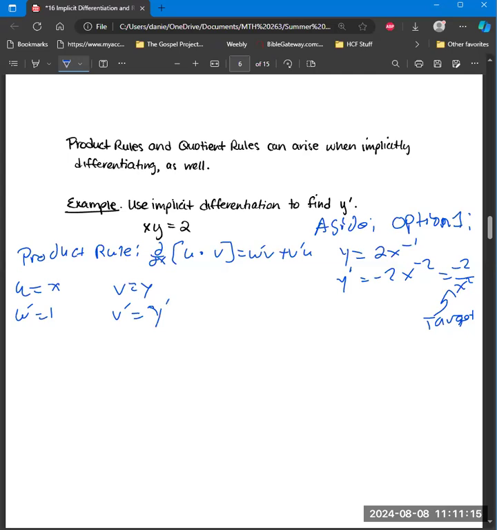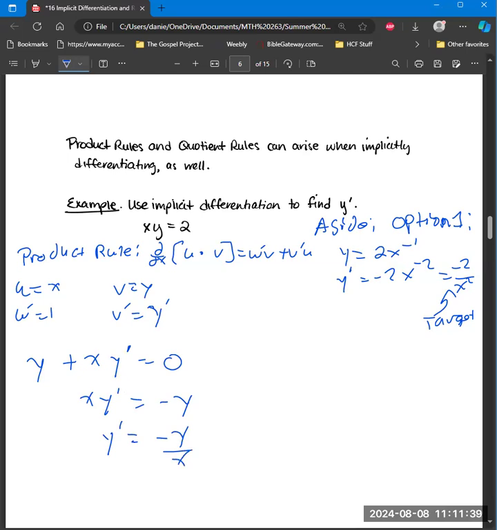So u prime v, that's going to be y, plus v prime u, that's going to be xy prime, equals the derivative of the right-hand side, which is 0. Let's solve for y prime. So xy prime equals negative y, so y prime equals negative y over x.